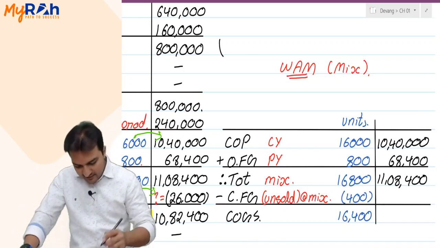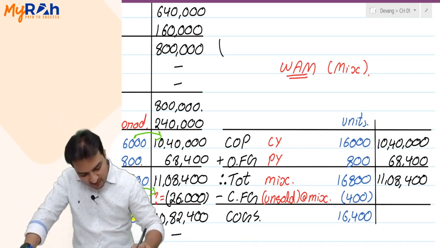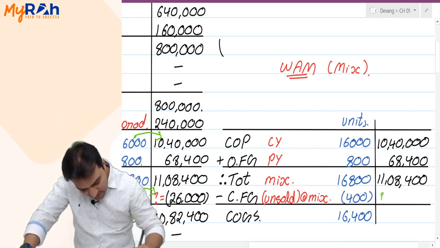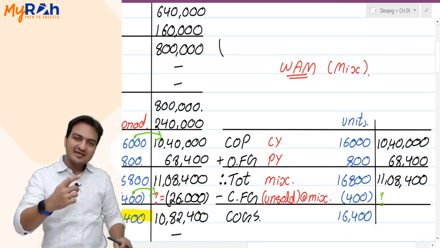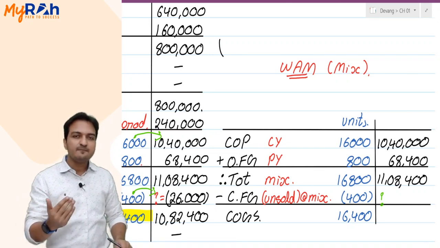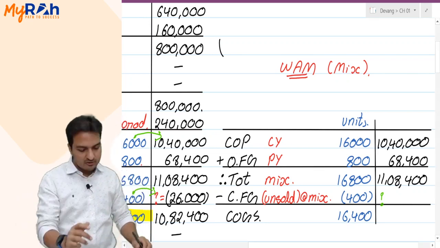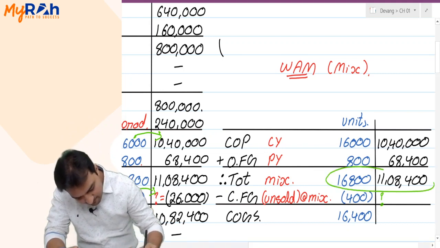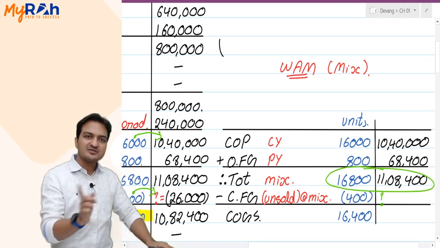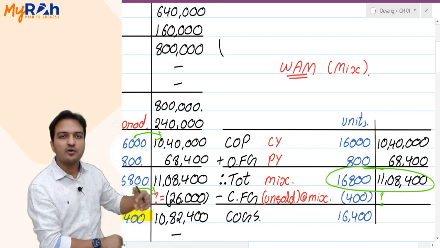So if 400 is out of the mixture, how will you do the valuation of that 400? Valuation will be done again by cross multiplication, but this time based on the mixture. This 16,800 mixture has the total cost of 11,08,400, then 400 should be what?